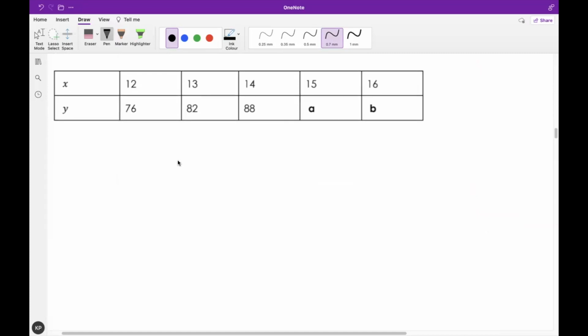Okay. Now, we need to find the formula for this table. Find the formula. All right. Now, if we look at my outputs, what is happening there? I have 76, 82, 88. What is happening by output?